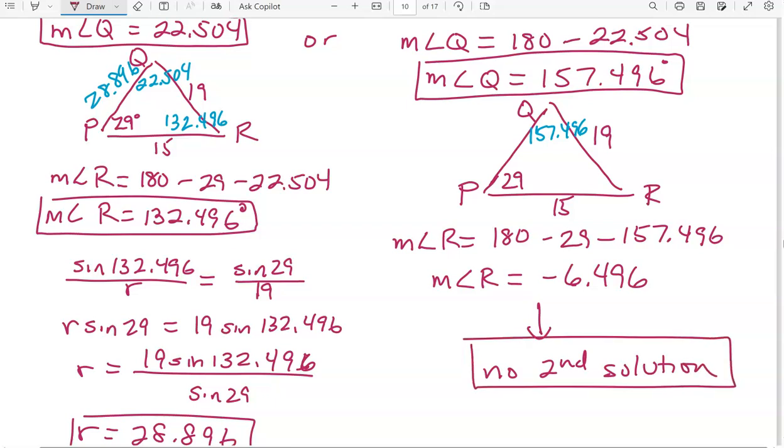So when you're solving an SSA, we're always going to assume that there's two solutions unless we get no solution at the very beginning. And if we get into our second solution and we find that the third angle is negative, that's going to be our indicator that there is no second solution for this particular case. So that has to be acknowledged rather than just leaving it at one solution with no work shown. And that's it for the lesson.